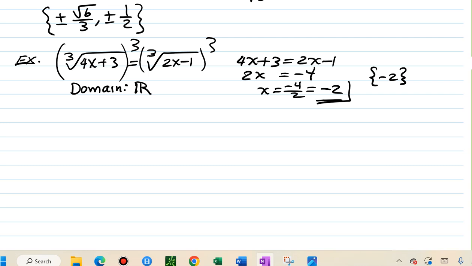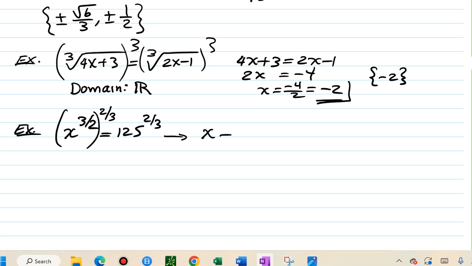Let's do maybe, how about something like, again, a simple radical, a rational exponent that becomes a radical. There. Remember, for rational exponents, we raise them to the reciprocal of the fraction that you see.